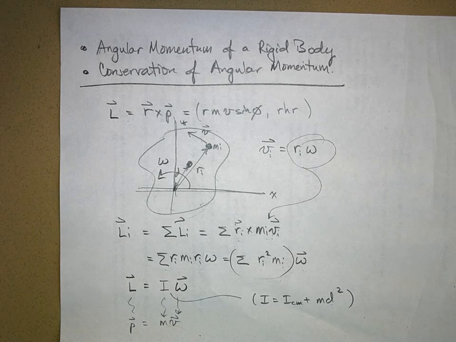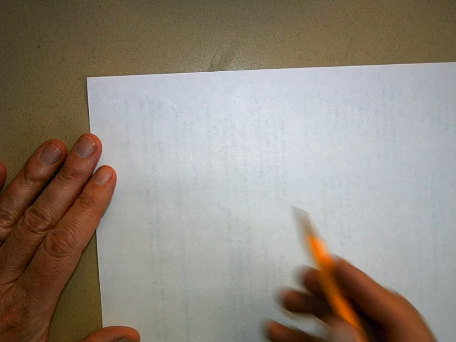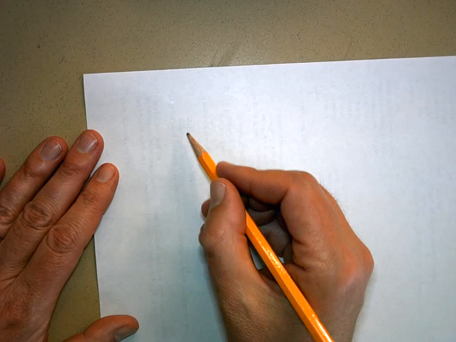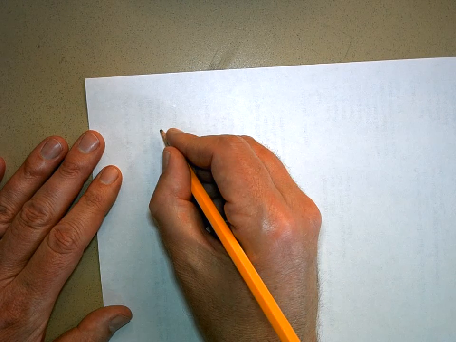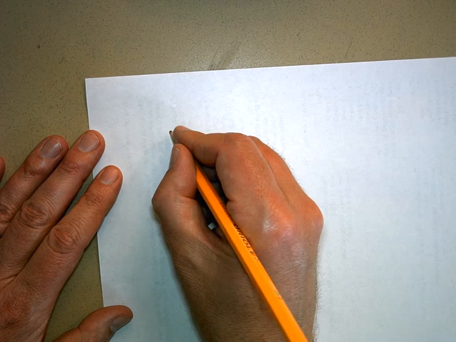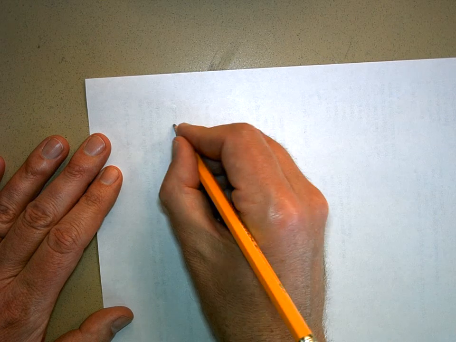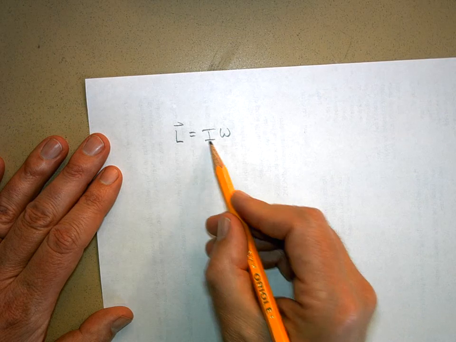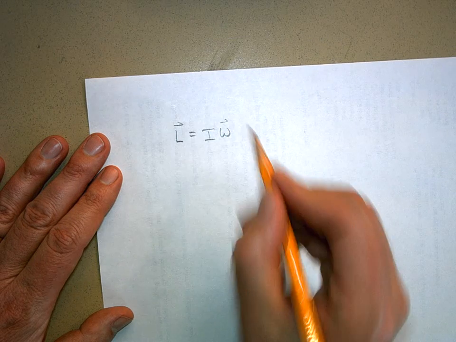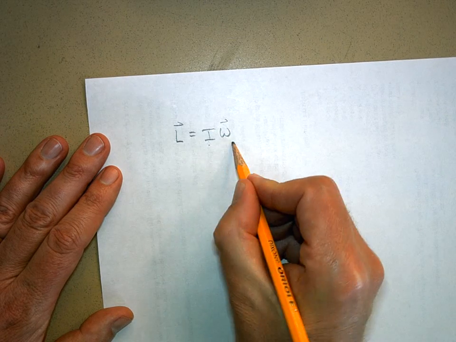Now this brings up an interesting situation. If we have L equals I omega, it's a product of I, the rotational inertia, and the angular velocity.